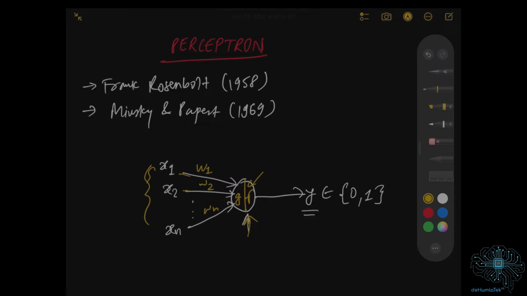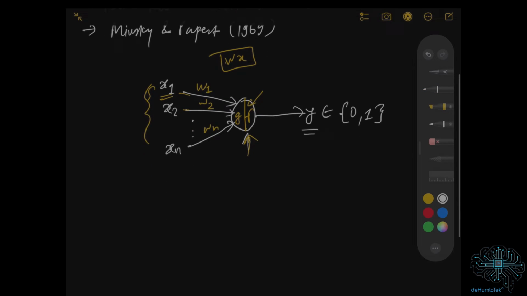So now these are not just input values, but weighted inputs, and weighted inputs will be fed into the neuron. Now let's have a look at the mathematical framework of this model.